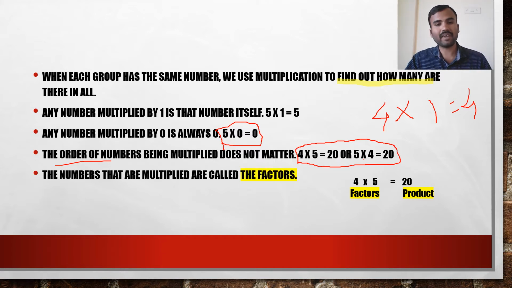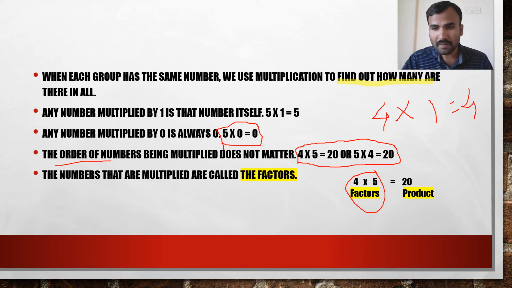The next point is that the numbers that are multiplied are considered factors. Here in 4 into 5, you are multiplying 4 and 5, so these numbers are called factors.